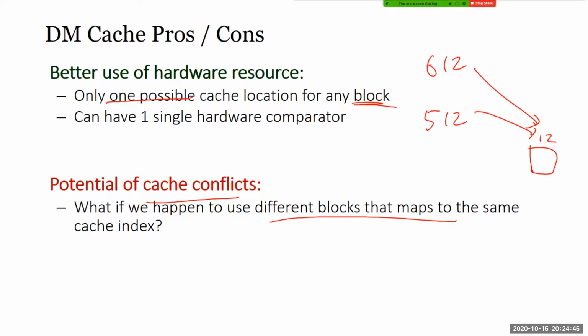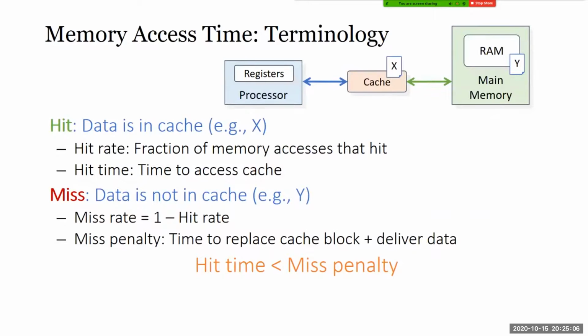Again, there are certain algorithms at play here. For example, maybe you find that I use 512 more often than 612, so I keep 512 in. If I need 612, then no choice, I go to big main memory and take it. I don't install it. So there are different kinds of schemes to figure out whether to replace or not.